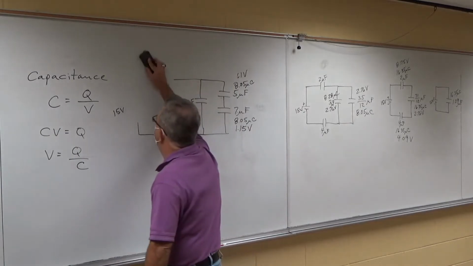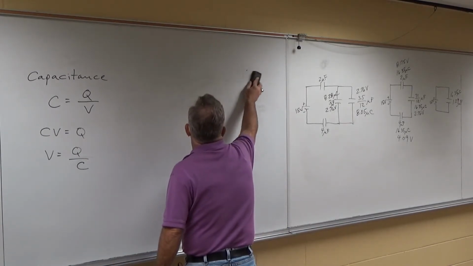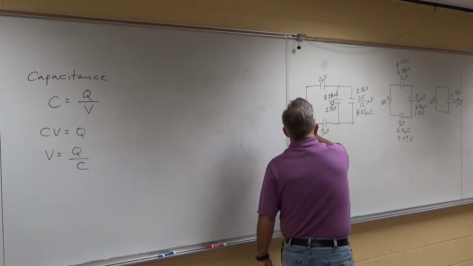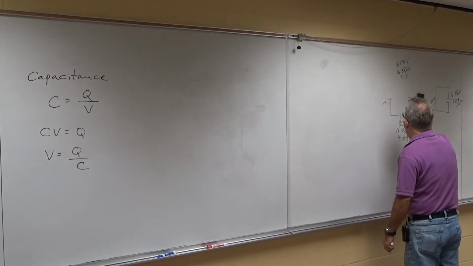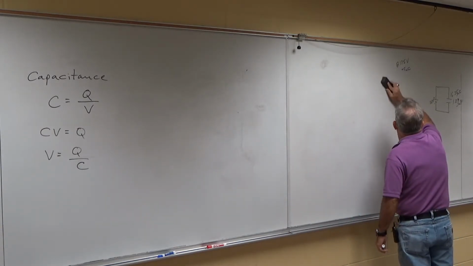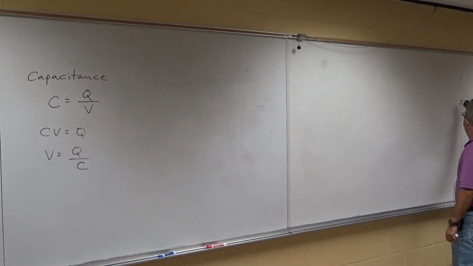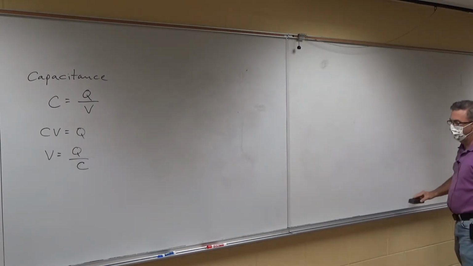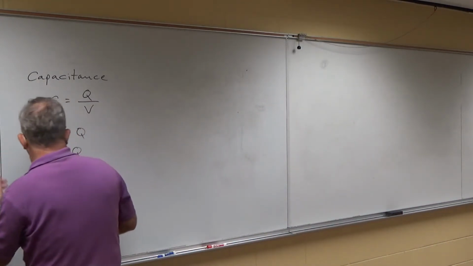Capacitors store energy. I already mentioned that. The battery or power supply has to do work to place charge on the plates of the capacitor, and it does that work against the electric field. The energy is stored in the electric field.